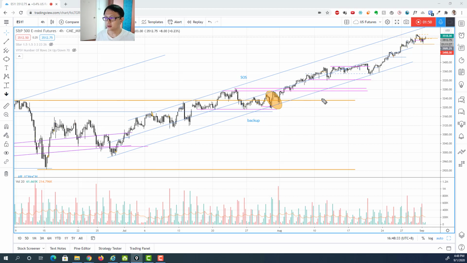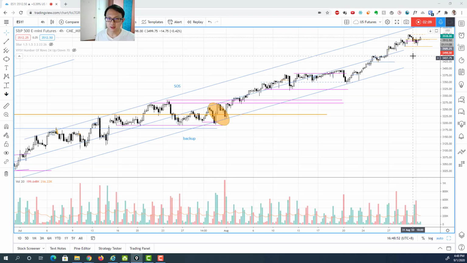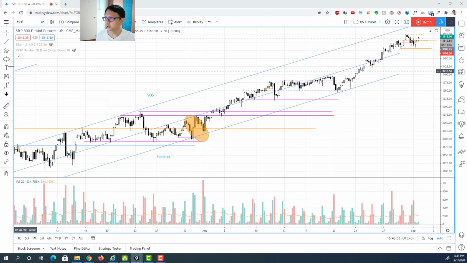So let's take a look here. All right, you can see that we have a trading range here, and subsequently this is another uptrend, and yesterday we have this kind of reaction. Let's take a look at the reaction, and to be specific, the magnitude of the reaction.